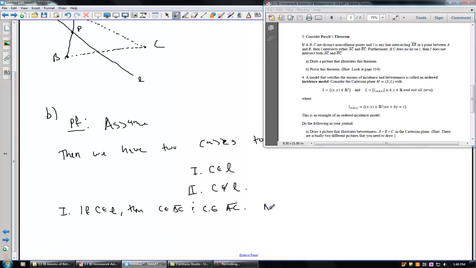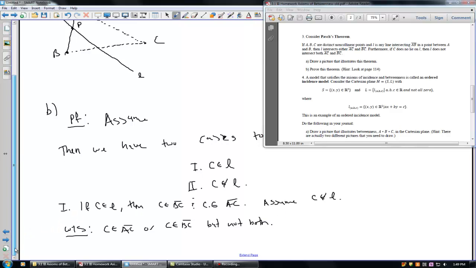So now assume C is not on L. What we want to show is that C is an element of the line segment AC or C is an element of BC, but not both. So it's an element of one or the other.